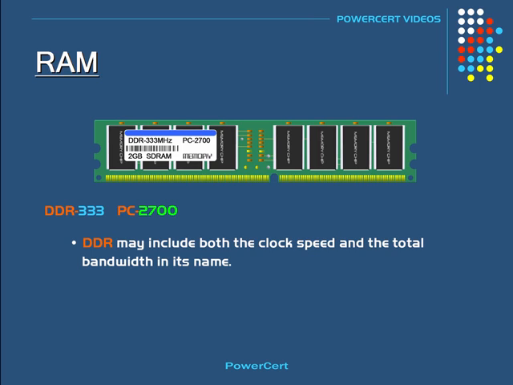So for example, a DDR DIMM labeled DDR333 PC2700, the 333 is the clock speed, and the 2700 is the actual total bandwidth. So 333 megahertz times 8 bytes equals 2700 megabytes per second, which is where we get the name PC2700.